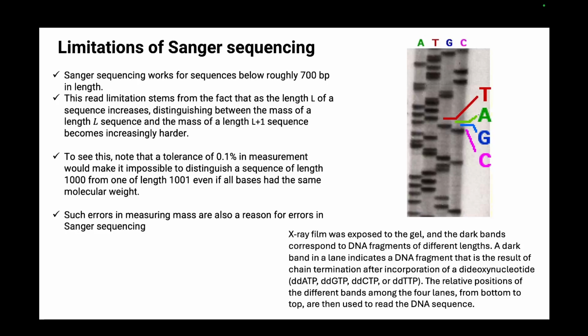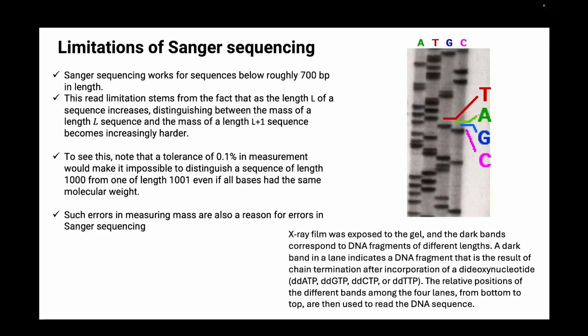Sanger sequencing works for sequences below roughly 700 base pairs in length. The real limitation stems from the fact that as the length L of the sequence is increased, distinguishing the mass of a sequence of length L from a sequence of length L plus 1 becomes harder. The longer your DNA is, the harder it is to find, after the end of a nucleotide, what the next nucleotide is.